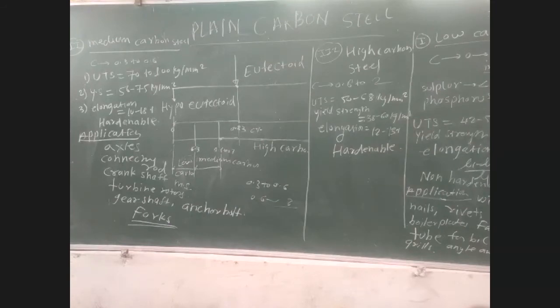Once you increase the carbon percentage, if you observe the elongation, it will go on decreasing. Correct? And tensile strength also, by increasing carbon percentage, it will get decreased. So you can compare these three properties of plain carbon steel.